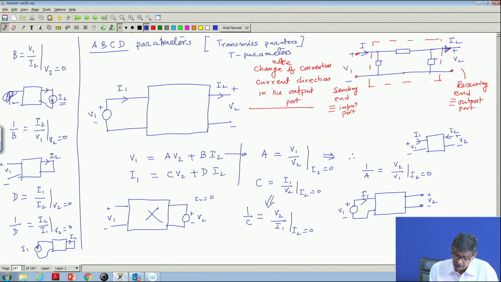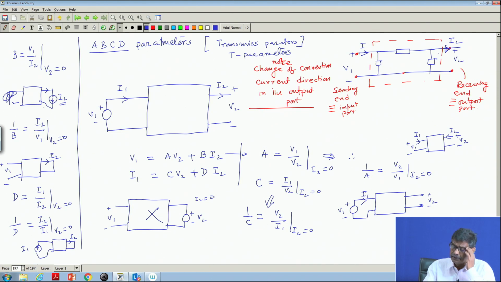The ratio of I 2 by I 1 is going to give you the reciprocal of D, hence D can be found out. Got the point. Also note that D will be dimensionless, just looking at the ratios. B will be that of impedance, V 1 by I 2 and so on.